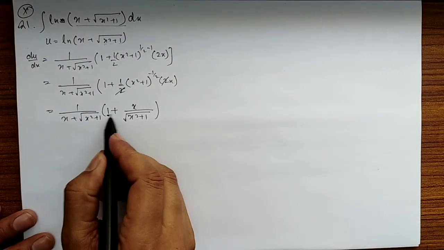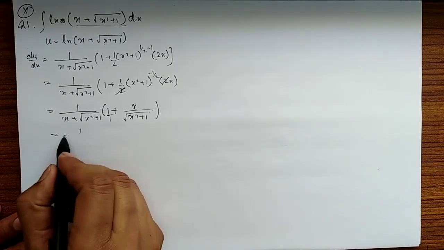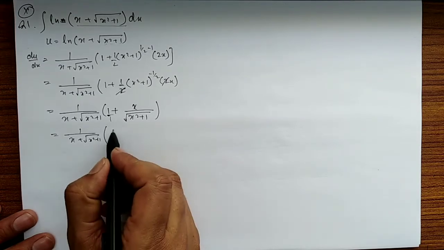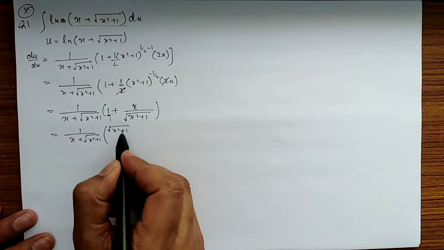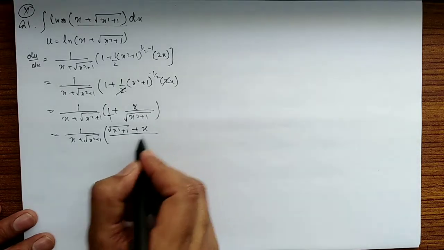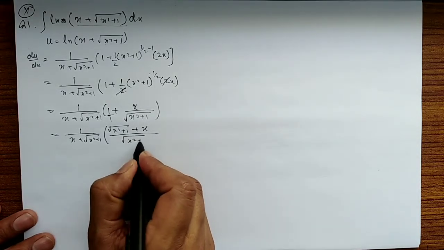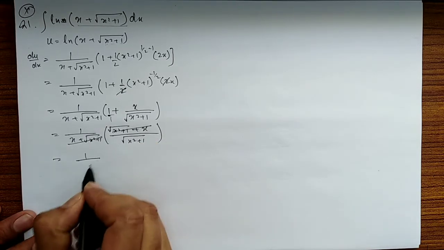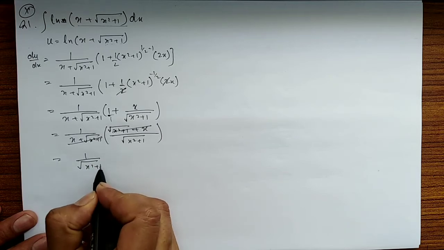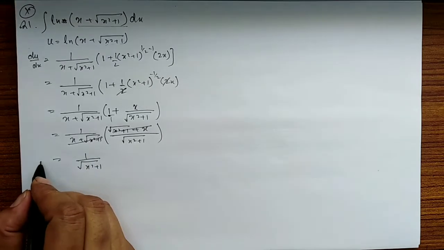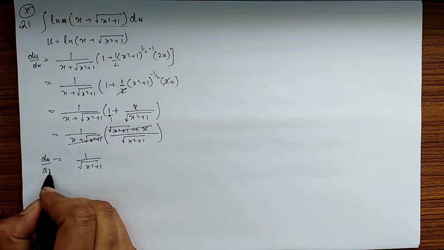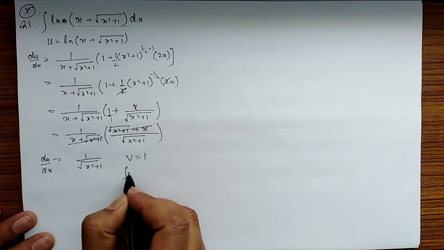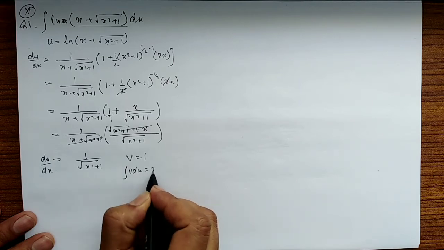taking the LCM for this one and this part, that is x plus root of x square plus 1 into root of x square plus 1 plus x upon x square plus 1. So we can cancel out this part and this part. We are left with 1 upon root of x square plus 1, and on the right hand side we have du upon dx, and for this we have v equal to 1, taking the integral of v dx, that is x.